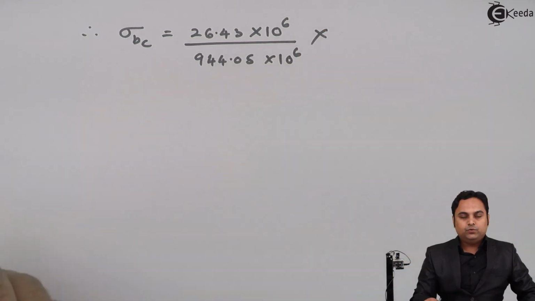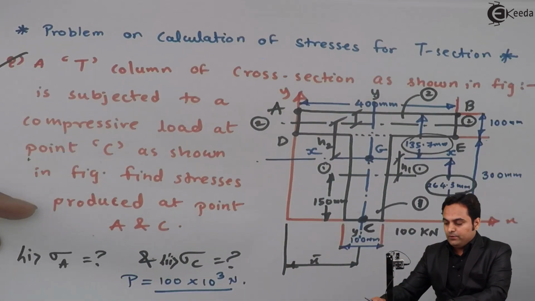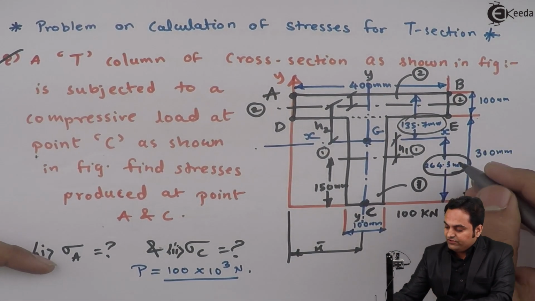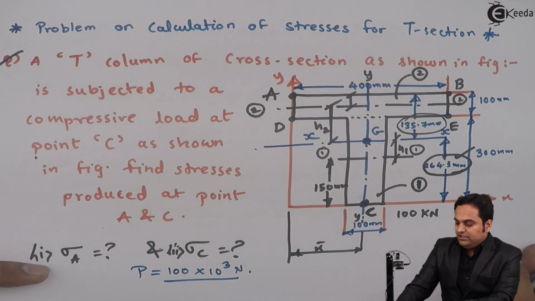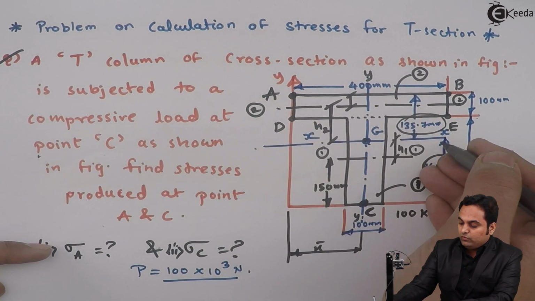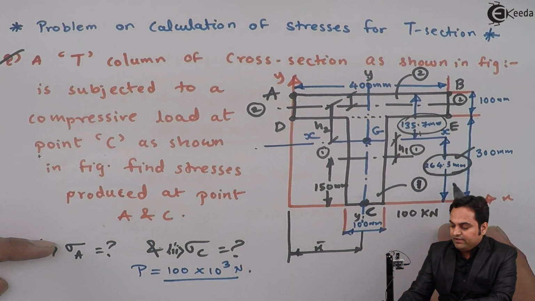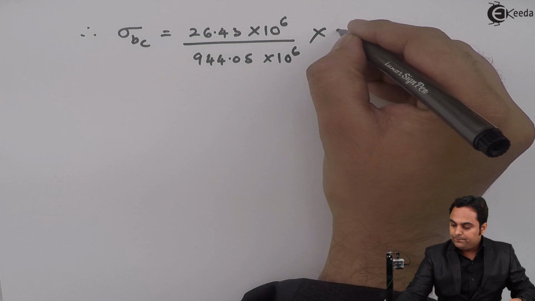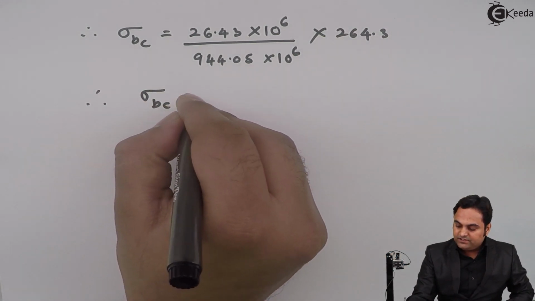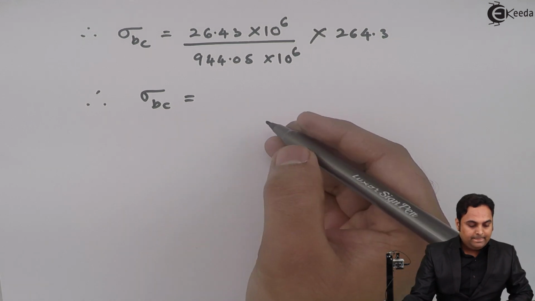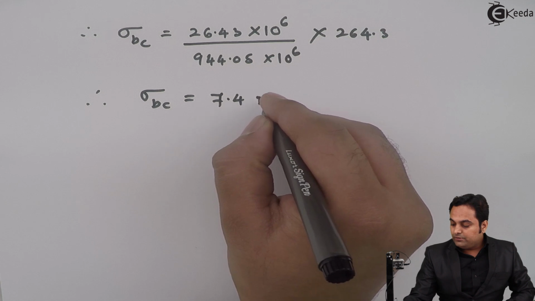Now for the y value, when considering point C, we have to take y as 264.3 mm, because this is the eccentricity for C. The y value for A was 135.7, and this is the y value for C. So I get sigma B C, the bending stress at C, as 7.4 Newton per mm square.